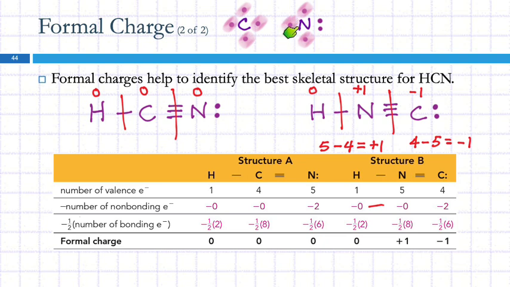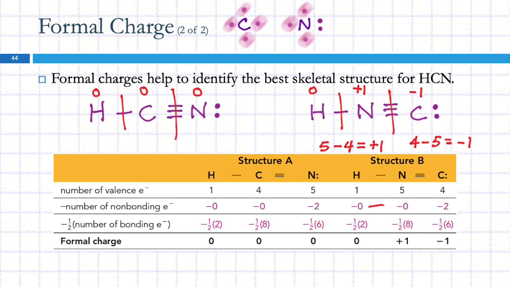If nitrogen makes 3 bonds and has an octet, it will have a 0 formal charge. So here, nitrogen has its octet and 1, 2, 3 bonds, 0 formal charge. If carbon has an octet with 4 bonds, 1, 2, 3, 4, it will have a 0 formal charge.